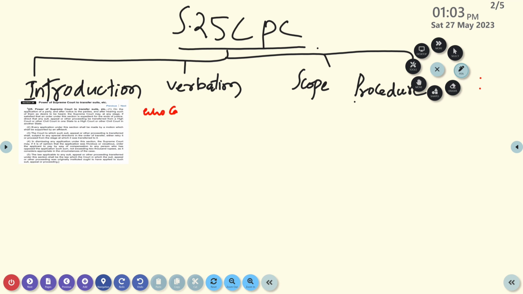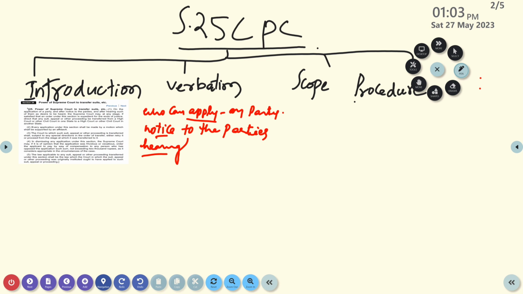Who can apply? Any party. Next, what is the procedure? That means stages. After application, the next stage is notice. Notice to the parties, means all parties. Next, hearing. Application, notice, hearing.